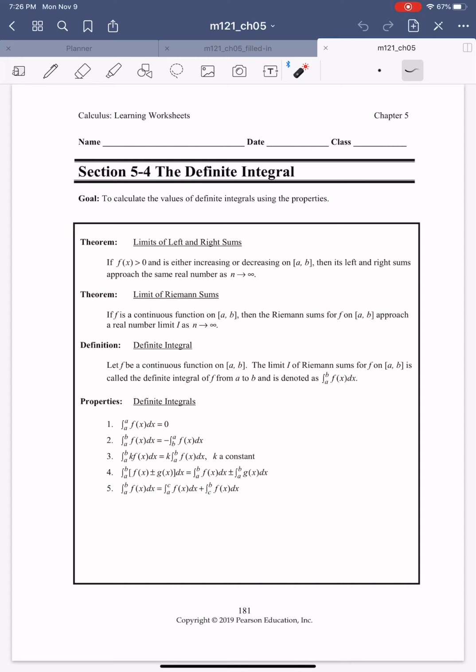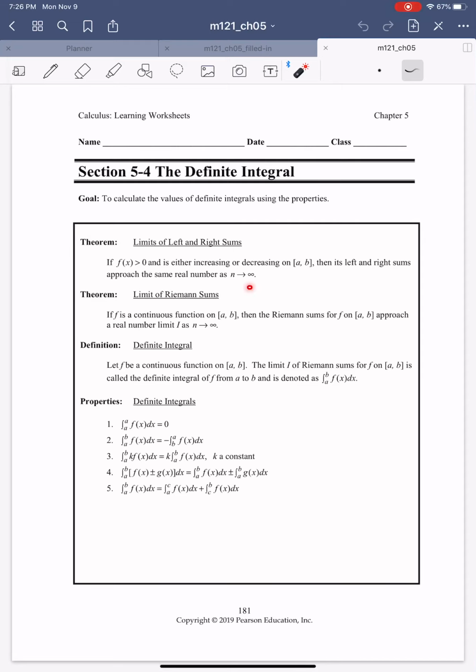That's the one concept, the limit of the left and right hand sums. We saw that 4 rectangles versus 8 rectangles gives a better approximation. So if I start adding more for my n, so 10 rectangles, 100, 1,000, then as n goes to infinity, you're going to get a better approximation.